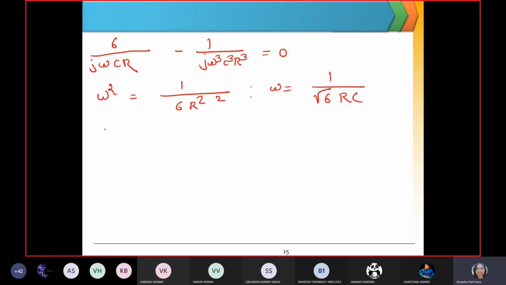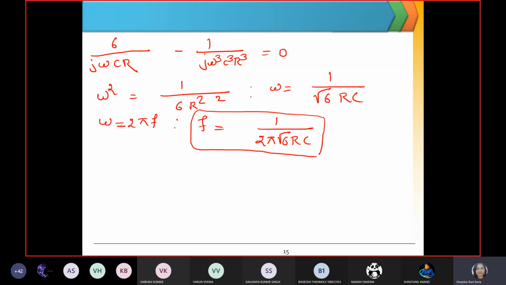If I represent omega equal to 2 pi f, what is the f value, guys? f equals 1 by 2 pi square root of 6 RC. So this is the frequency of oscillation for a 3-stage RC phase shift network or oscillator.